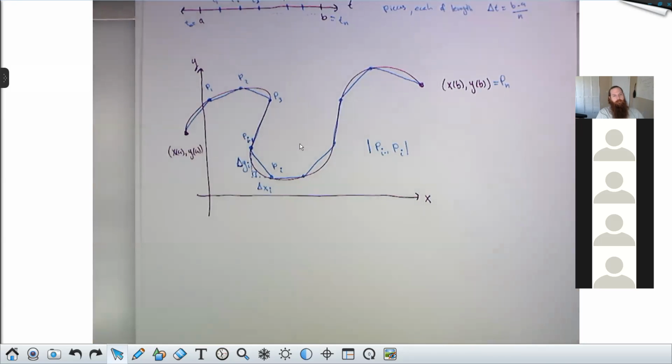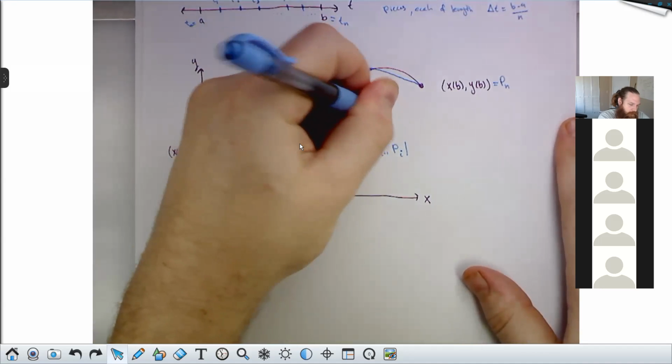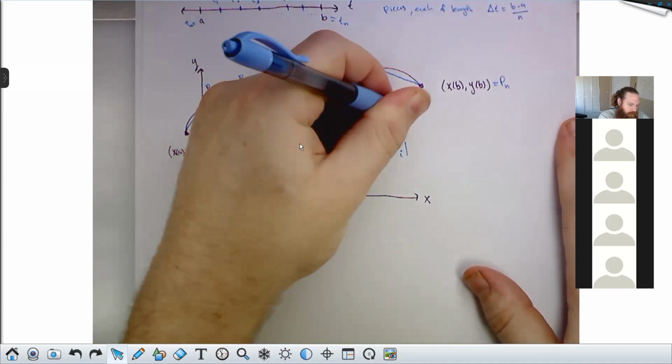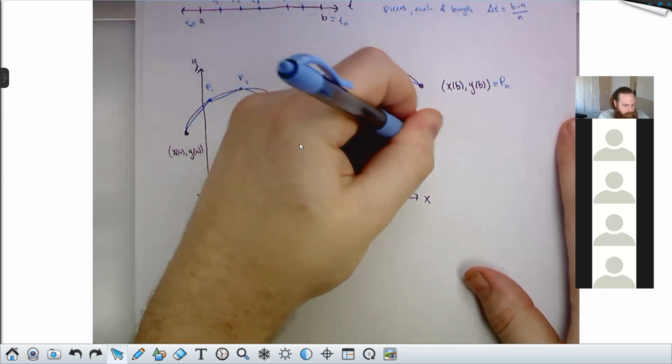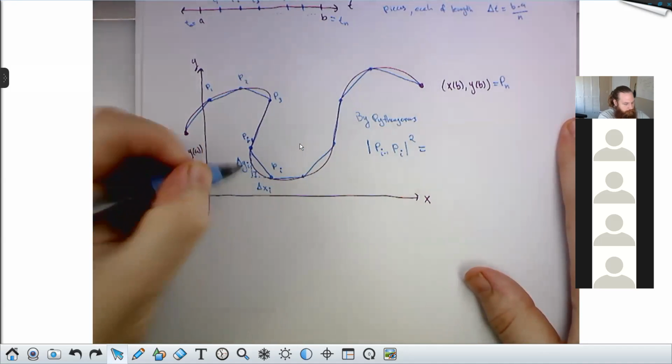Neither one is constant. Then by Pythagoras, the distance here is the hypotenuse of this right triangle.